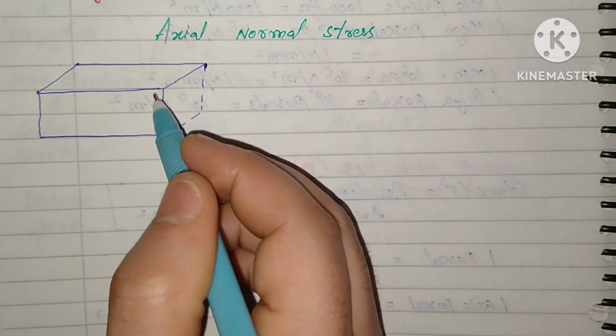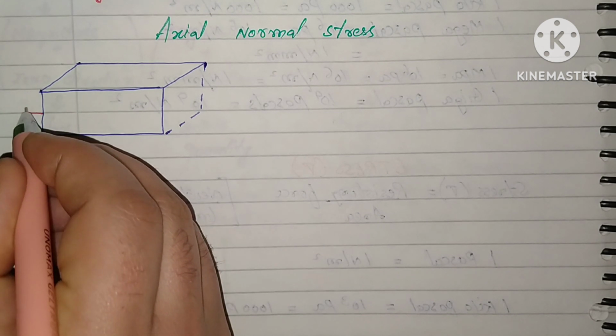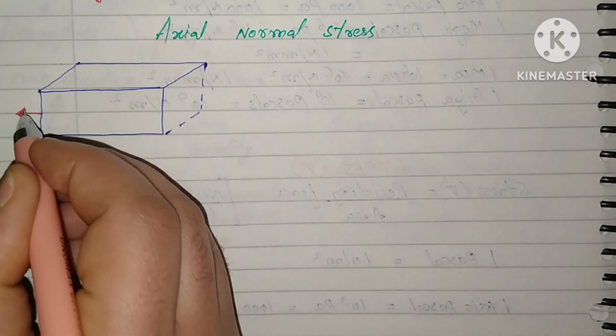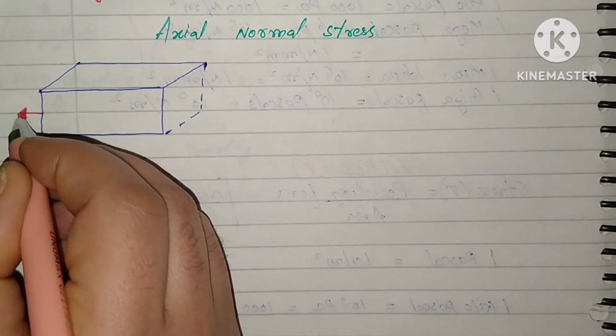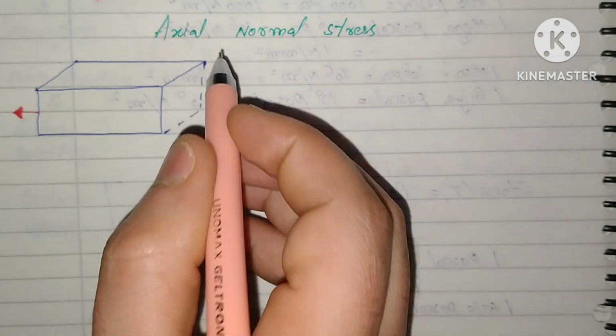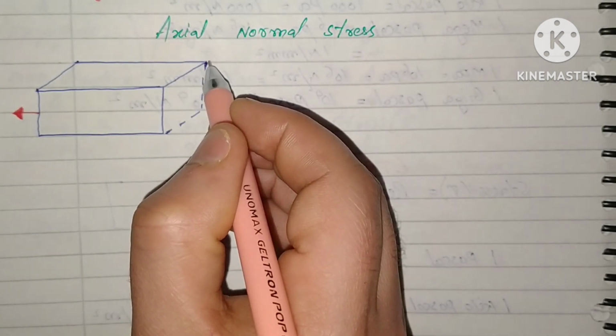A prismatic bar has a constant cross section, and it is subjected to a tensile force. When it is subjected to the tensile force, internal stress will develop to resist this force or elongation. These internal stresses are called axial normal stresses.